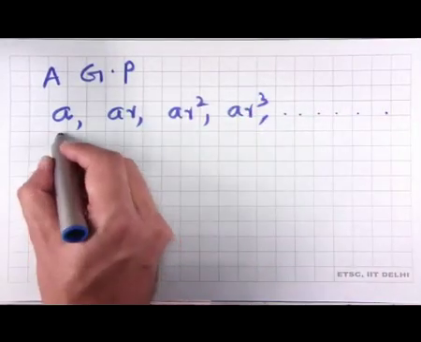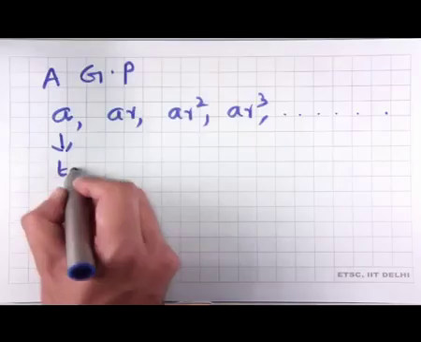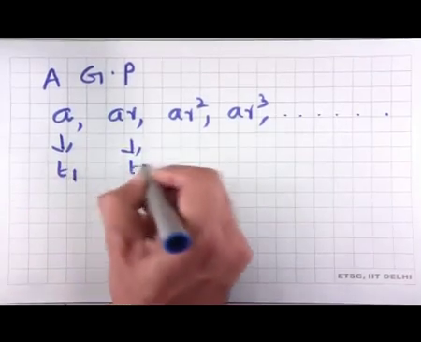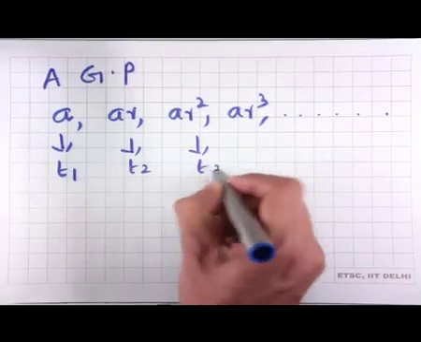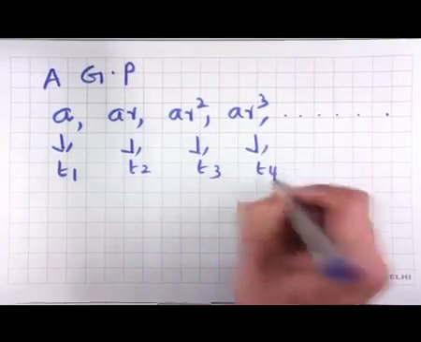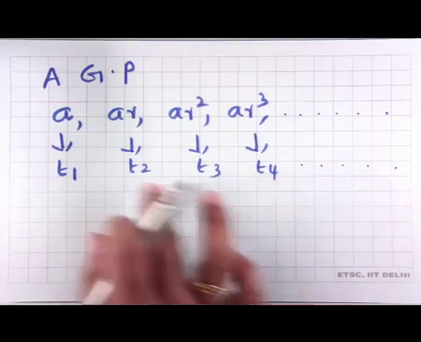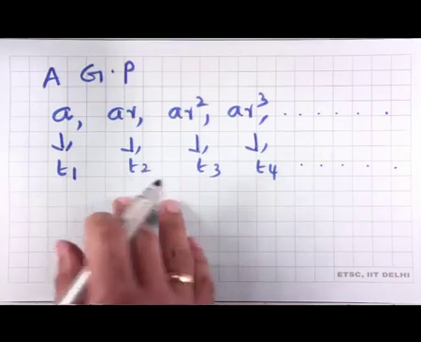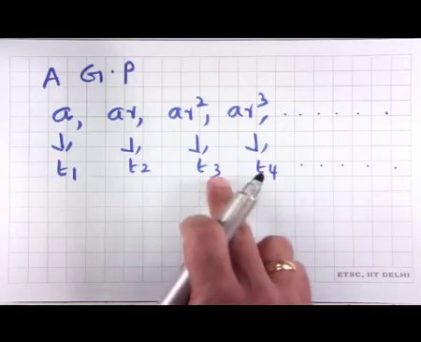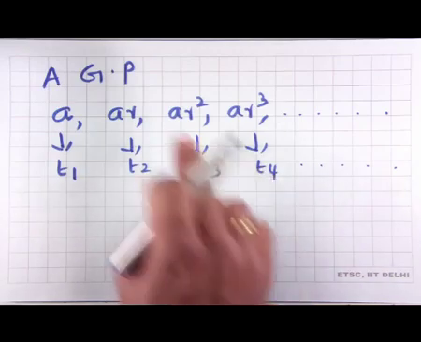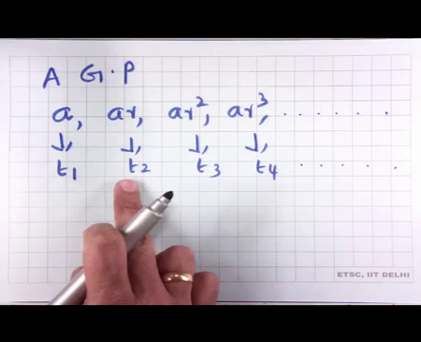Therefore, let me denote these as first term, second term, third term, fourth term and so on. Let us connect every term with the second term which is given to us. Note that the third term is R times the second term.